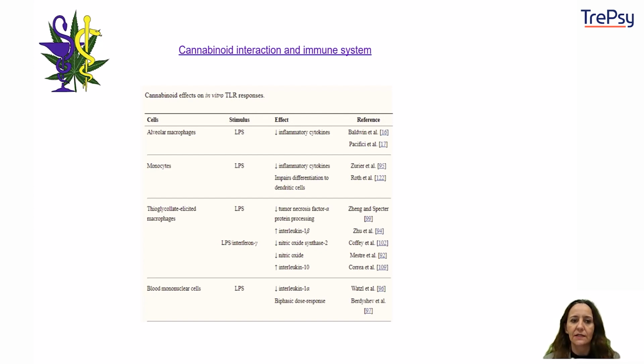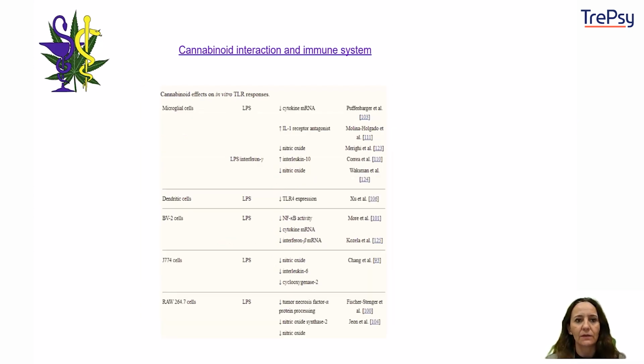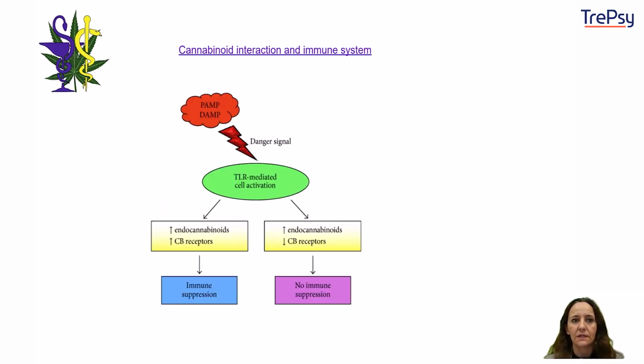Also in different kinds of monocytes and in mononuclear cells that are circulating in blood. So, cannabinoid interacts in reducing the activation of the immune system. We can see here that in other cells such as microglia, dendritic or other cell lines, the effect is very, very similar.